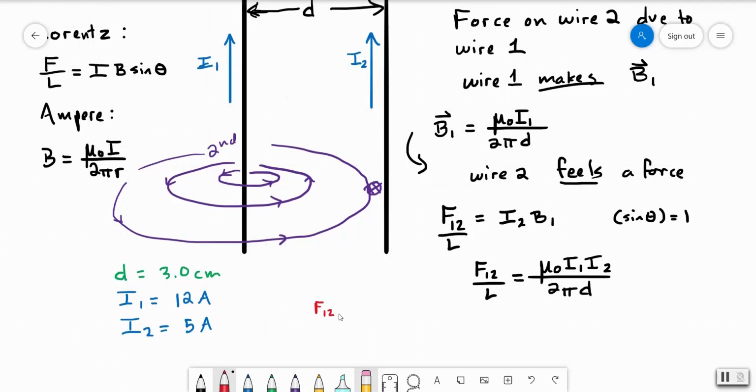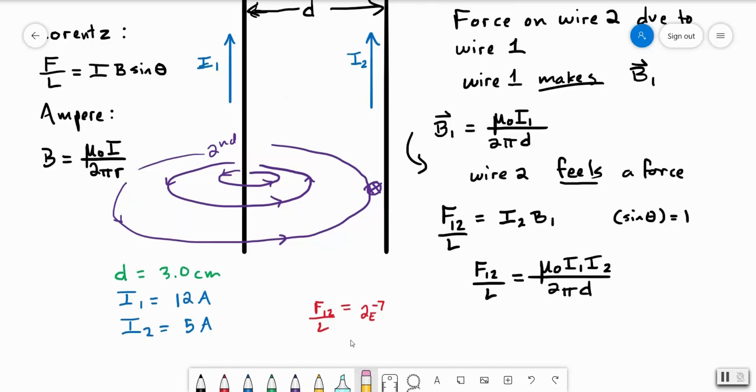The force of wire 1 on wire 2 per unit length, and this is a magnitude force, we can find the direction using our right hand rules, is going to be equal to, remember these will reduce to 2e to the negative 7 Tesla meters per ampere.